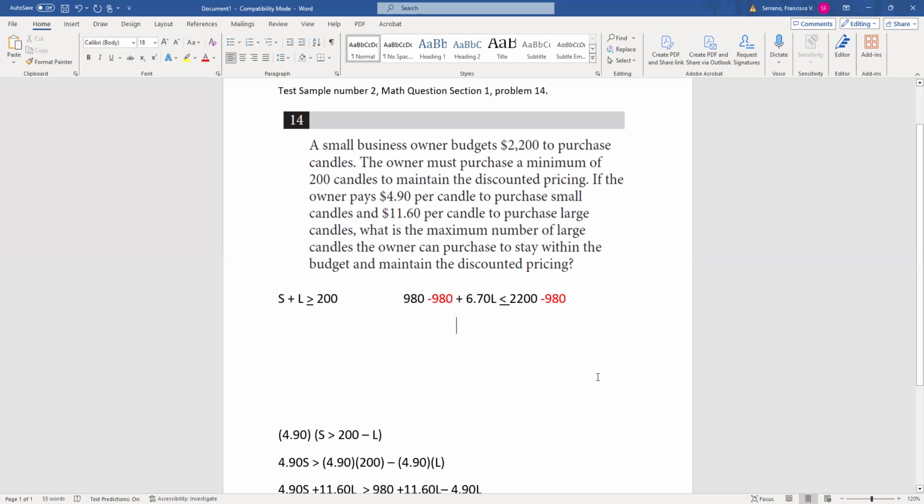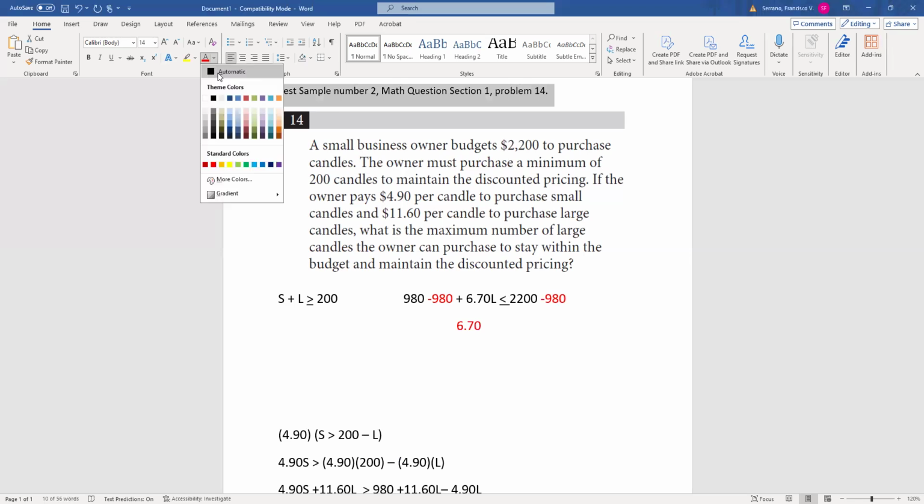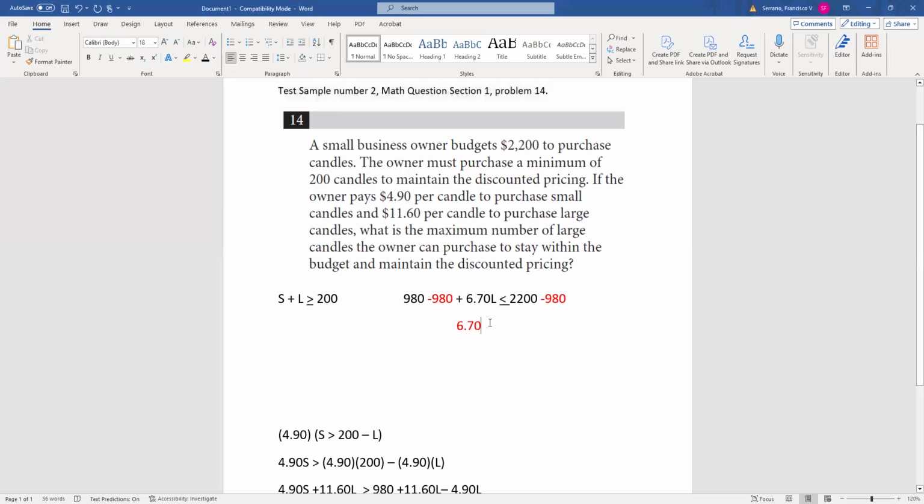So over here we're going to have 6.70 L, because this became 0, right? That's a 0.